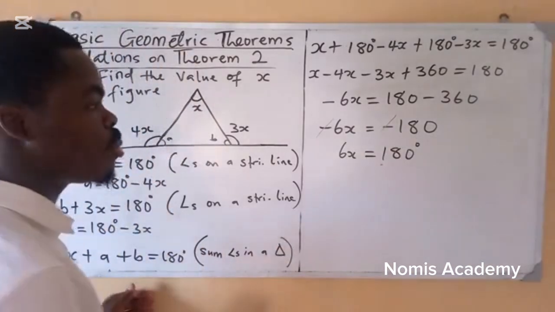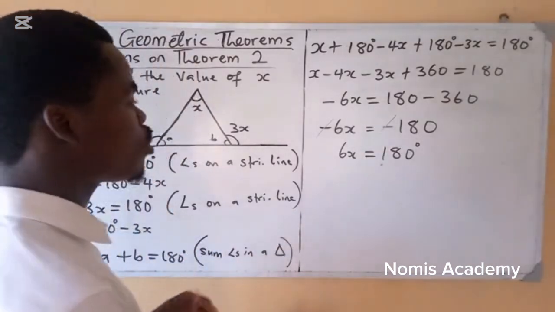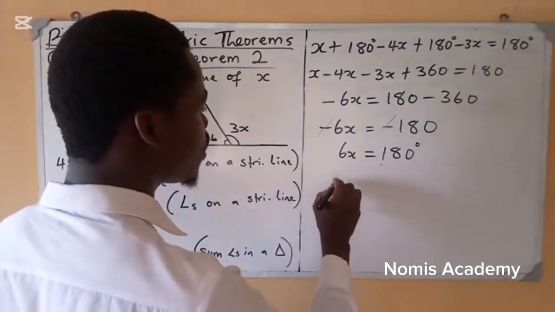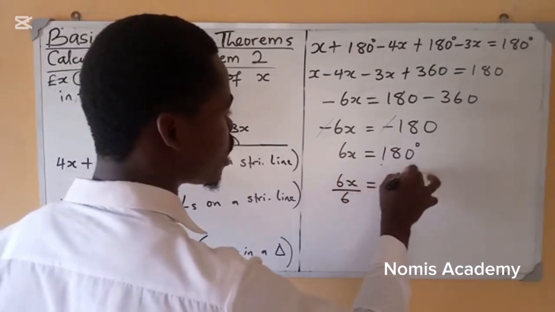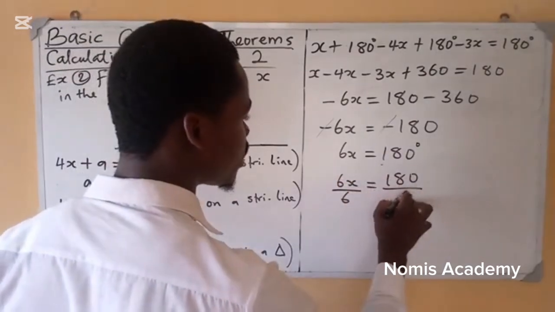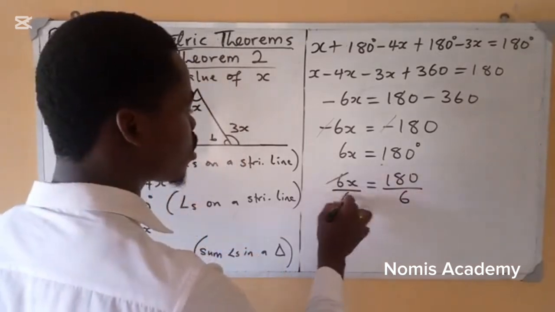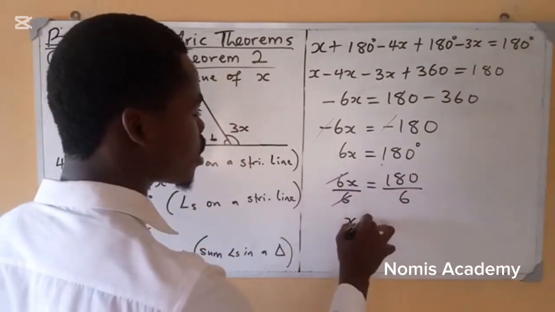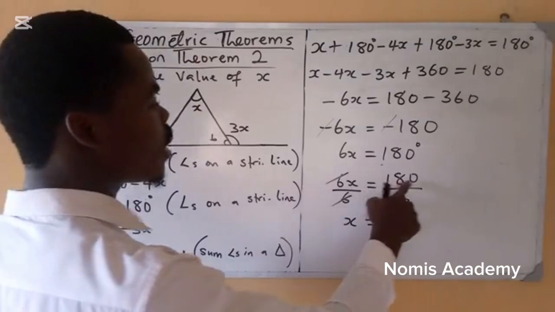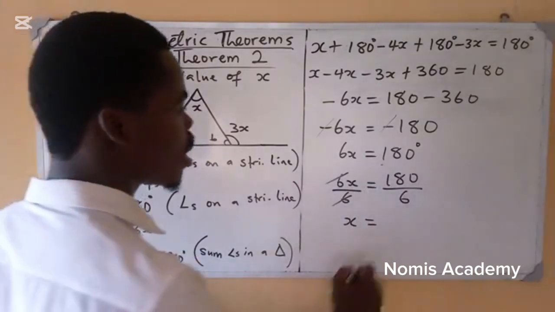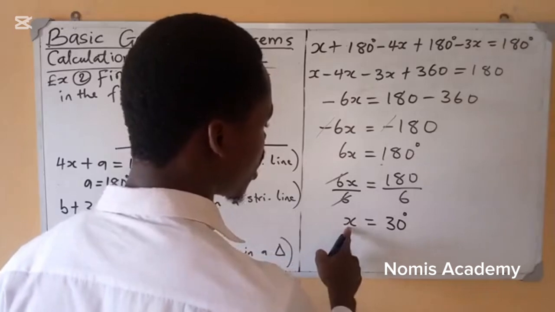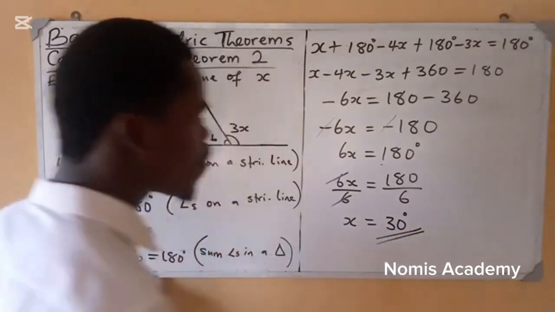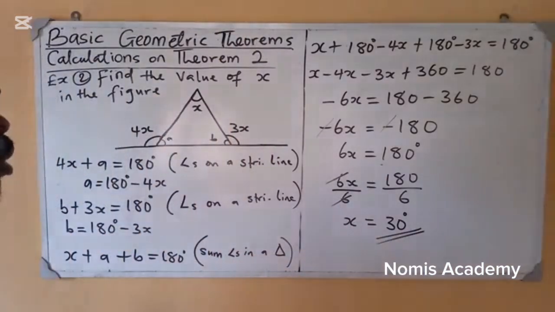So divide through by 6, and that will be 6x over 6 equal to 180 divided by 6. So 6 cancels out 6. x is equal to 180 divided by 6, and that will give us 30 degrees. So x is equal to 30 degrees.